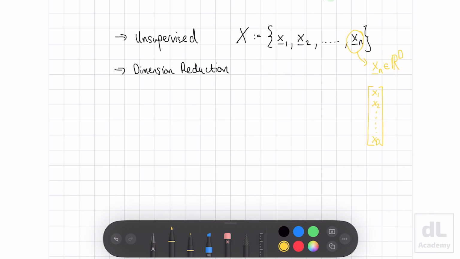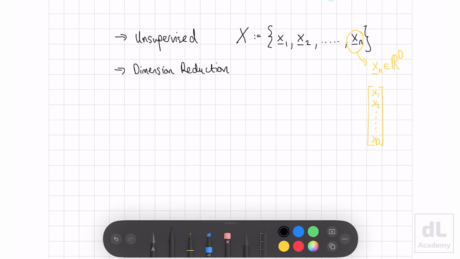So there are d numbers that represent this. In a typical input, which could be pixels in a picture, this would be the value of the color in each of the pixels, for example. Could be anything. If it was a stock market model, it could be inflation rates, the FTSE 100 price, etc. These are just the values which describe that sample.